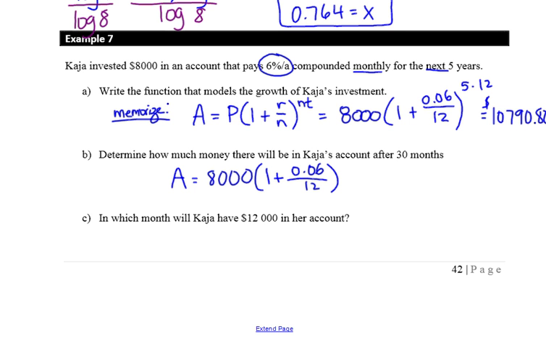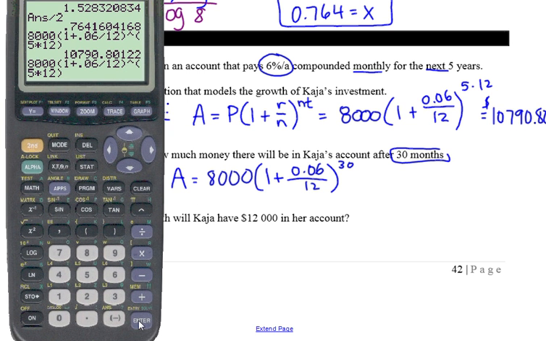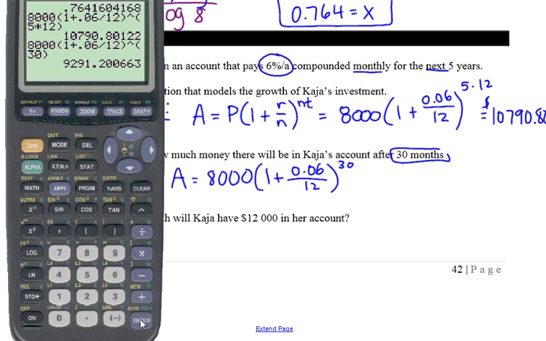We don't have to go years times number of compounds a year because they tell us it's 30 months. So there's 30 compounds in this case. Same idea, except our exponent is 30. So 9,291 and 20 cents.